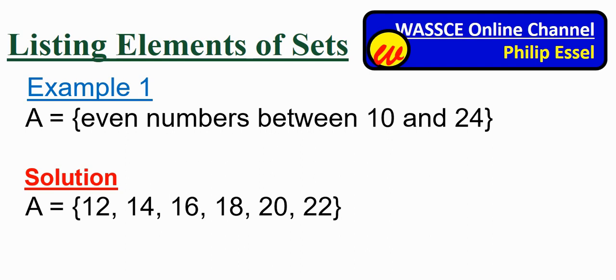These numbers are even numbers, and they also appear between the numbers 10 and 24. Like we said, the numbers 10 and 24 are not included in this set because this set A should be between those two numbers 10 and 24.